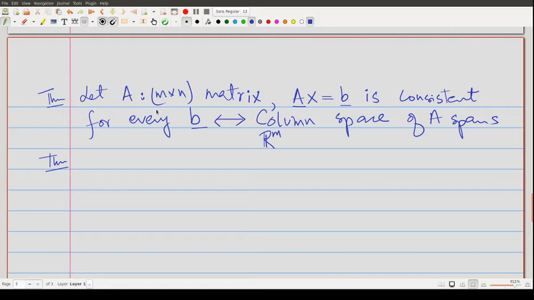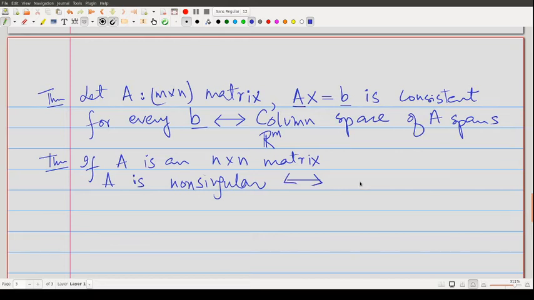Okay, and if we consider these theorems for an n by n matrix, then we have the following. If A is an n by n matrix, then A is non-singular if and only if the columns of A form a basis for Rn.